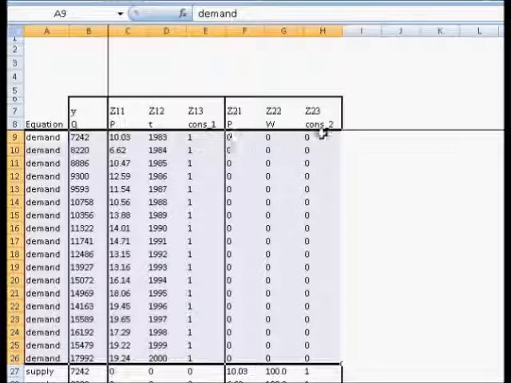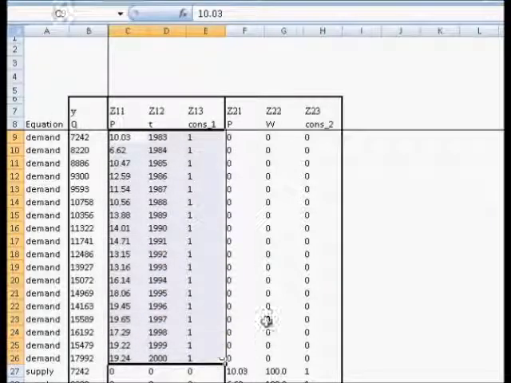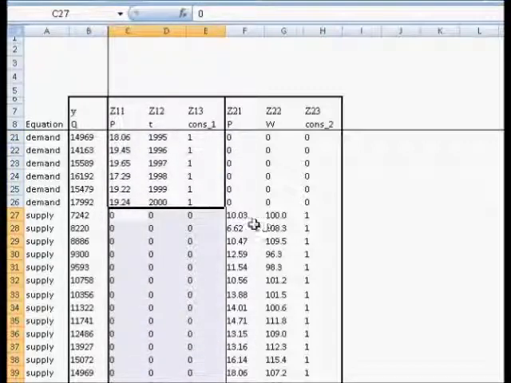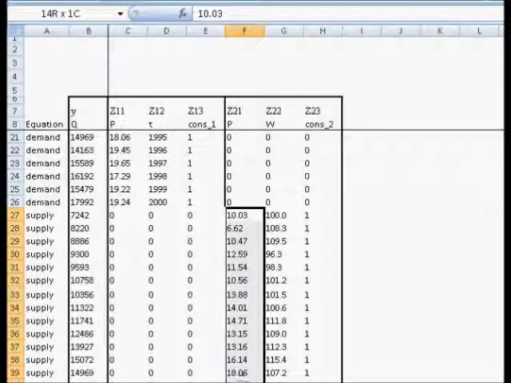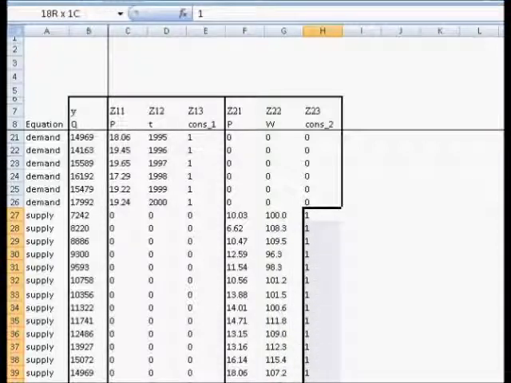Notice we have a bunch of zeros over here, and we have the price, the original price, not P hat, temperature, and the constant. Down here for the supply curve, we have a block of zeros here, and then again we have the price, not P hat, weather, and the constant.